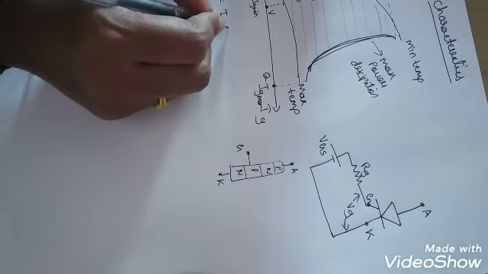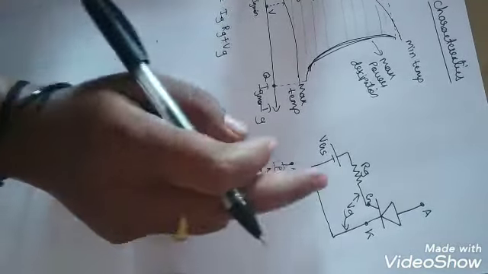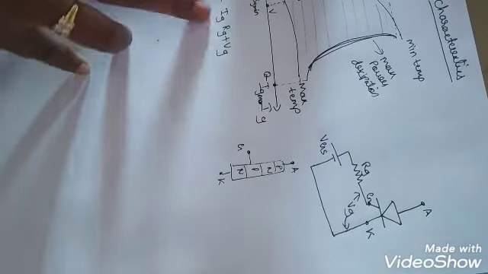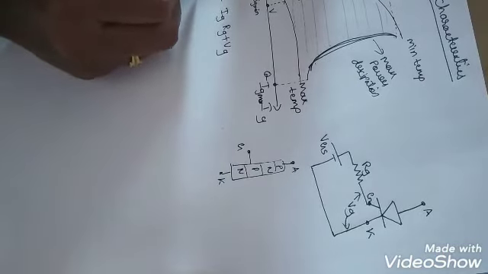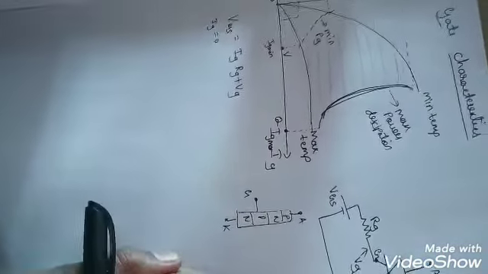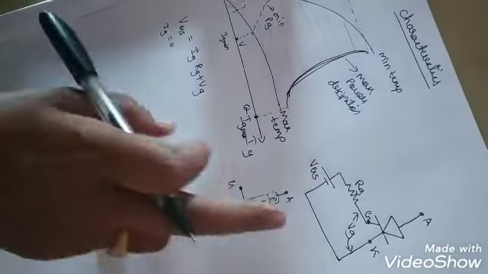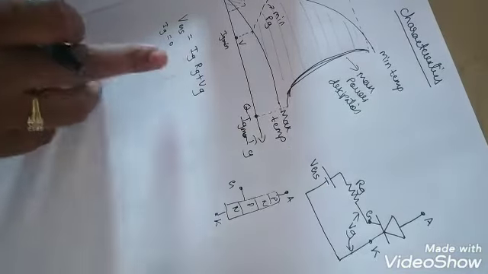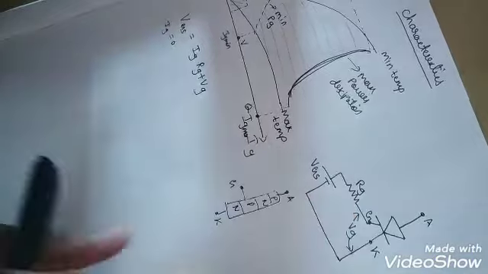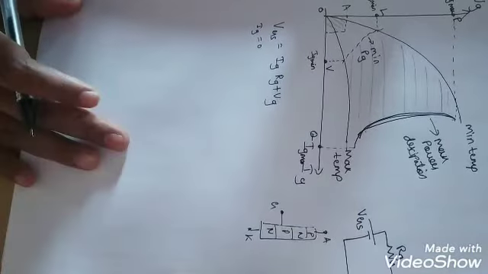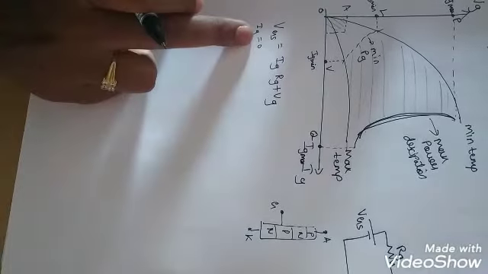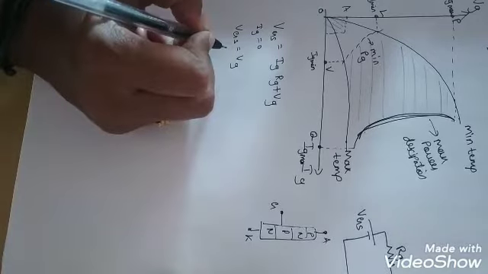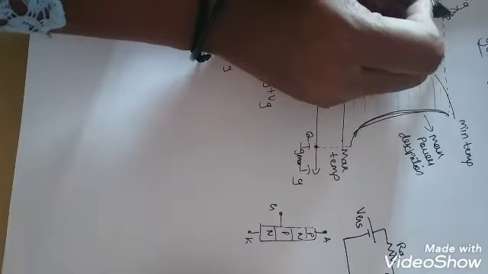If you apply KVL to this particular loop, VGS is equal to IG RG plus VG, that is the voltage here. Now we need to find the load points, that's the operating points. If you put IG equal to 0 in the above equation, what will happen? VGS will be equal to VG. So in the graph, consider the point which is above here.